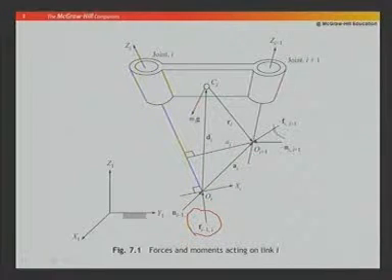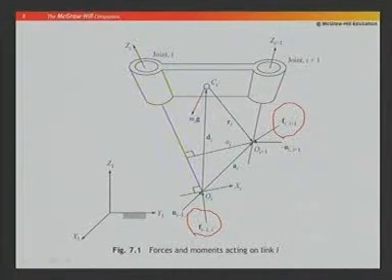There is another force here, due to the force applied by the (i+1)th body on the ith body. Instead of (i+1, i) I have put minus (i, i+1) because of Newton's third law. The other force acting on it is the gravity force, m_i g. So these are the three forces acting on it.